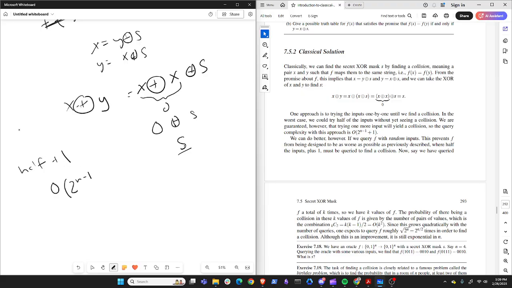So with x being length n, there are 2 to the n possible states that we can build from that.